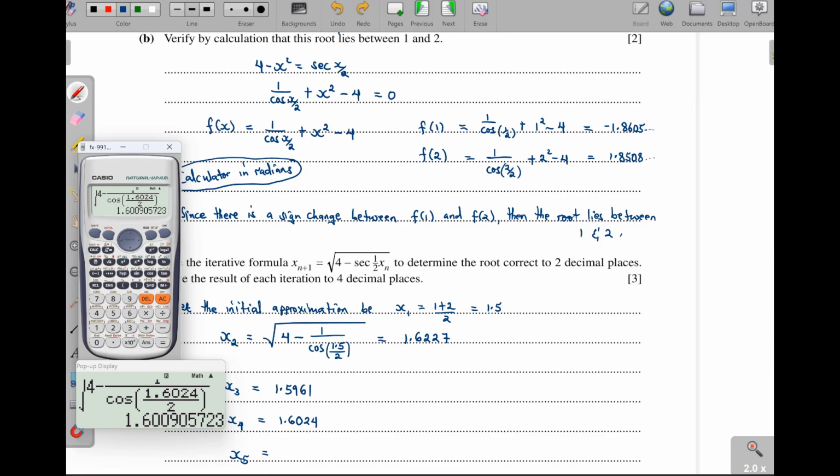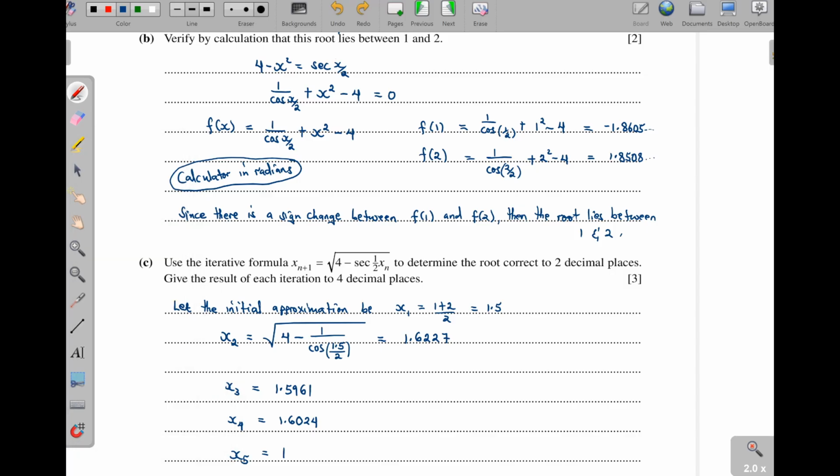Then we get 1.6009. Now all of these three are giving me to 2 decimal places 1.60. So this therefore implies that our root x then is going to be equal to 1.60 to 2 decimal places.